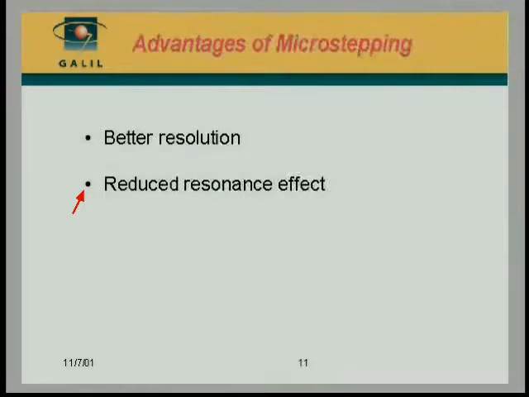Then when you ask the motor to move 1/100 of 1.8 degrees, and it overshoots 50% of that, the amount of overshoot would be minuscule, and probably the effect of friction would be more dominant and eliminate that resonance mode altogether. So these are the advantages of microstepping.